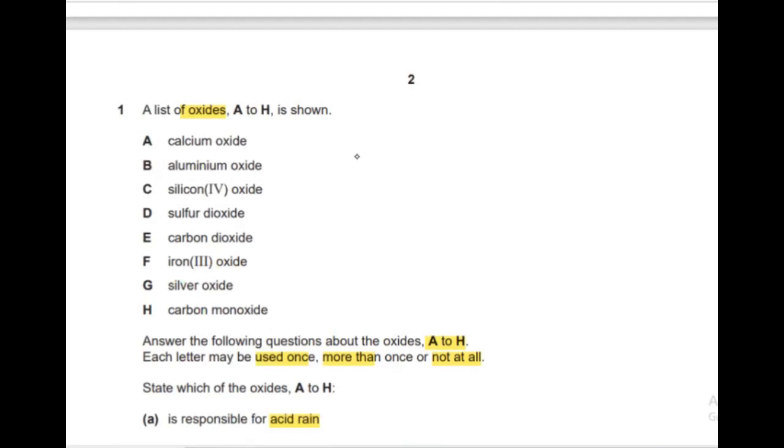Now, if we look at the oxides, you should have an idea about the formulas of the oxides. So let's start with calcium oxide. Just stop the video and think about the formulas.